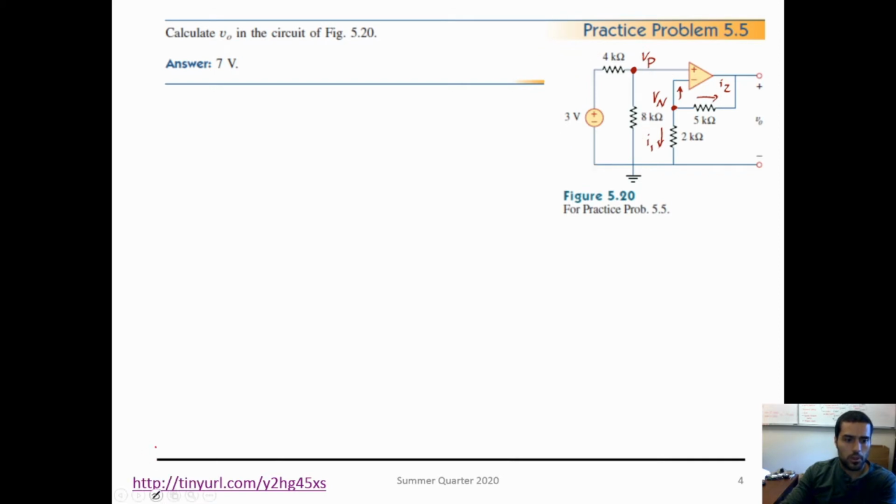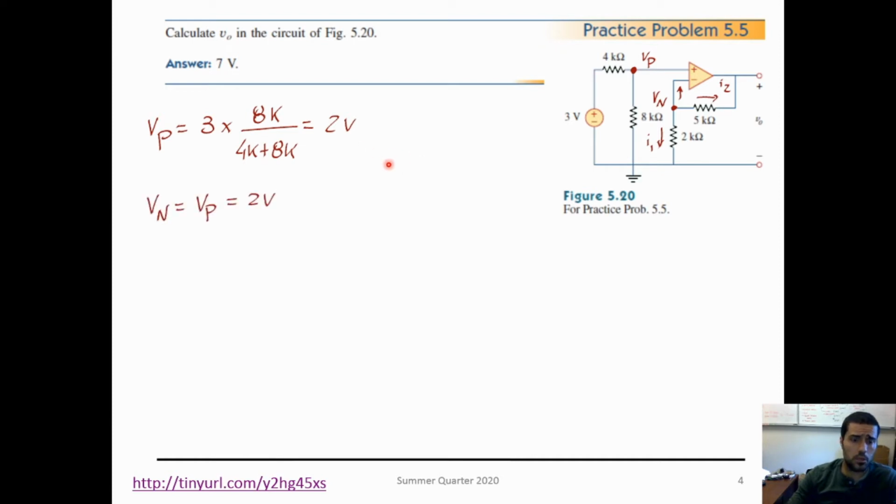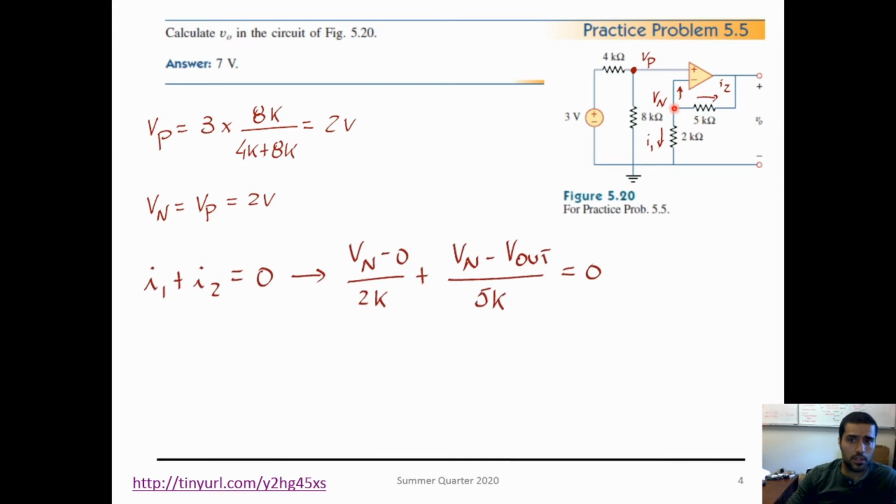If that is true, then we can take the voltage division rule here to find VP, and VP is equal to 2 volts. Knowing that VP is equal to VN, 2 volts, now I know the voltage at this point. Now I apply KCL at this point, and I get the current I1 plus I2 equals 0. Remember that the current here is 0, so that's why I don't have it over here.